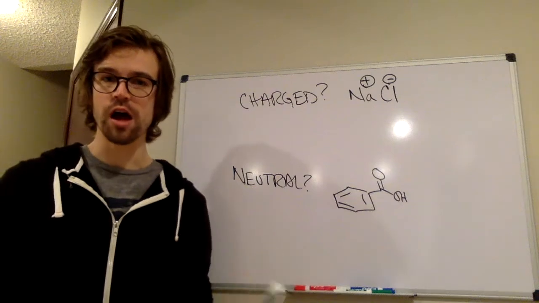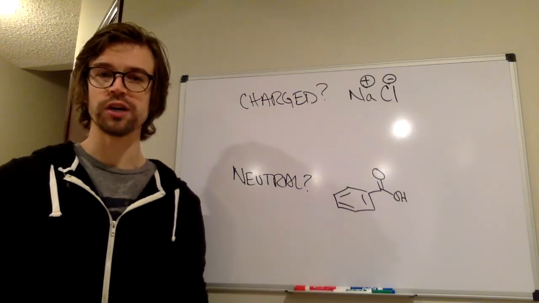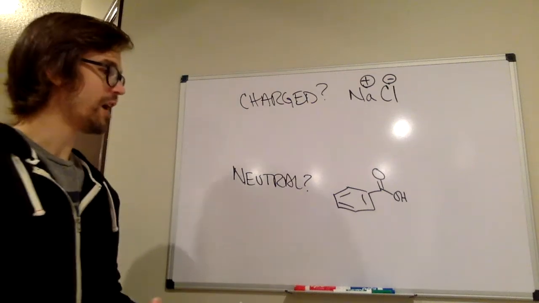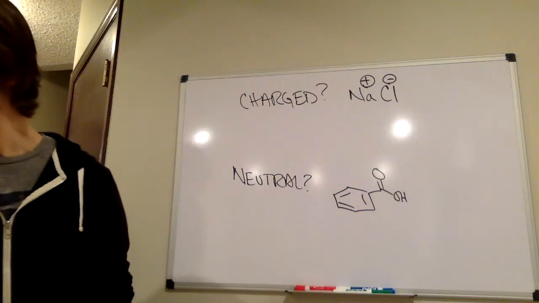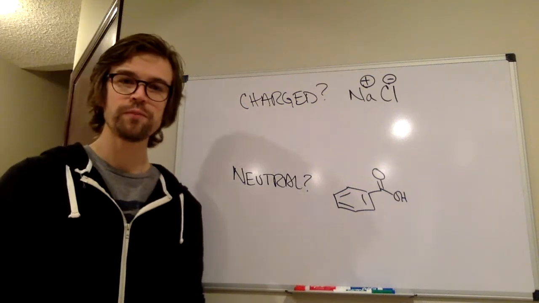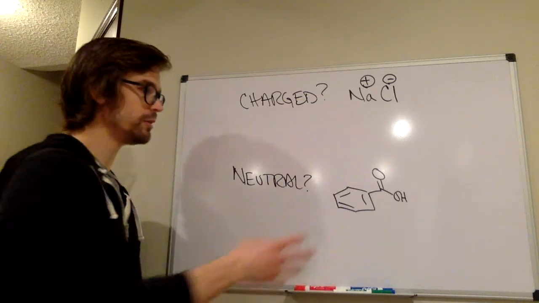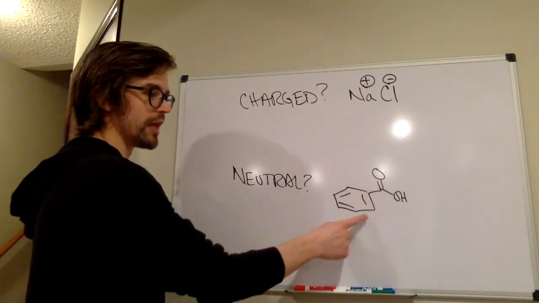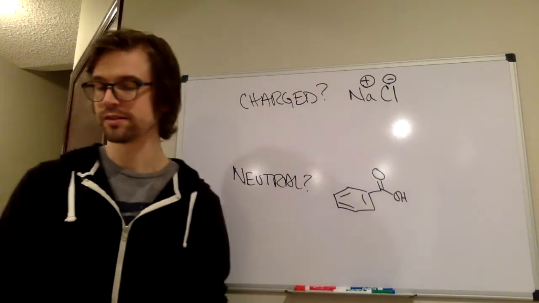There are no charges on it. It has some dipoles, but no full formal charges. And what we saw is that this was soluble in the methyl tert-butyl ether, but insoluble in water. So it was soluble in organic solvents, but insoluble in aqueous solvents.